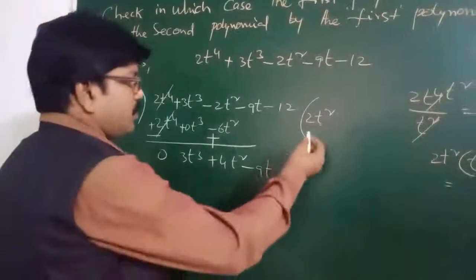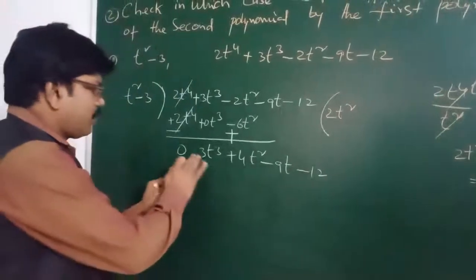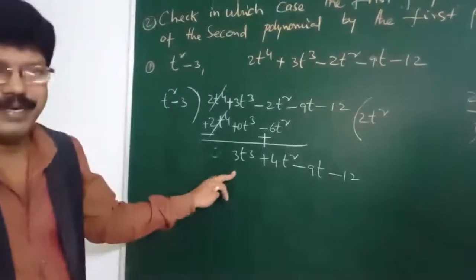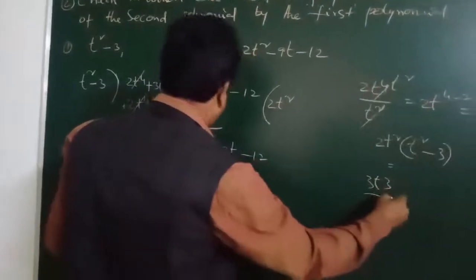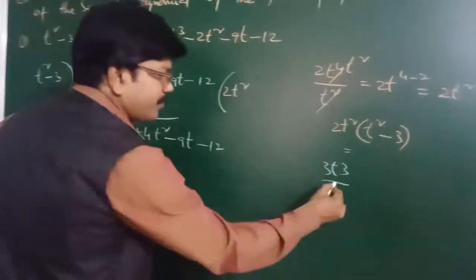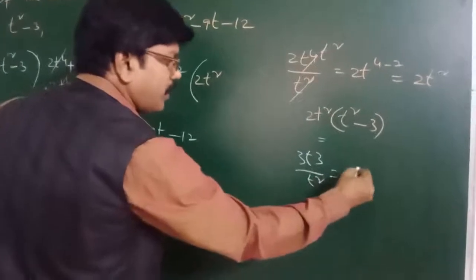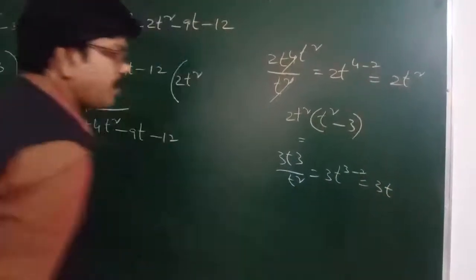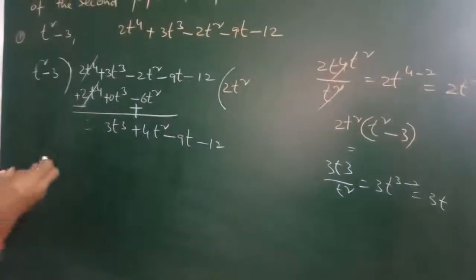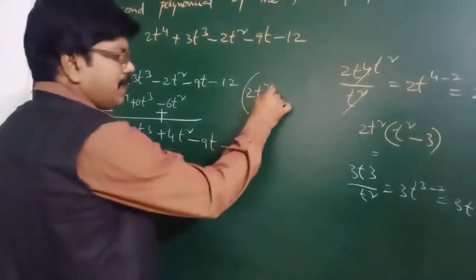Now again this is the dividend. So 3t cube by t square gives 3t, plus 3t.